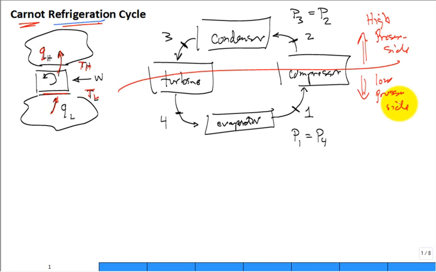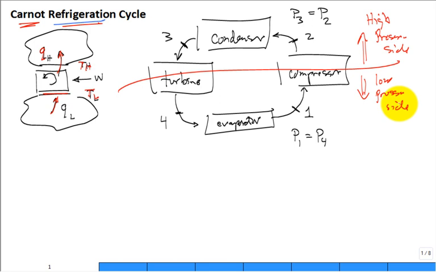There's really only two pressures. There's not 3 pressures or 4 pressures in a refrigeration cycle like this, even the Carnot refrigeration cycle. Just 2. You could talk about the condenser pressure, that's the high pressure. You could talk about the evaporator pressure, that's the low pressure.